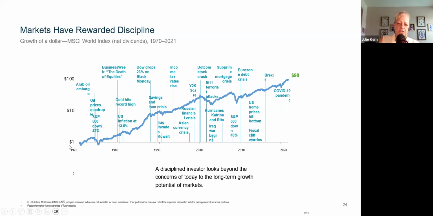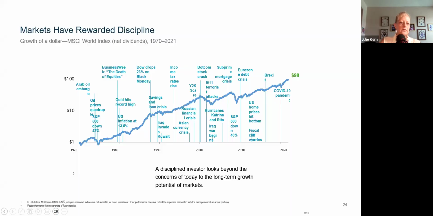But if you look at the general trajectory, and this is the MSCI World Index, so again, it's basically US plus international stocks of all sizes, you can almost draw a straight line through this with very little deviation.